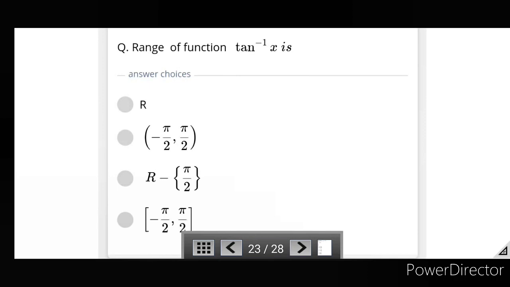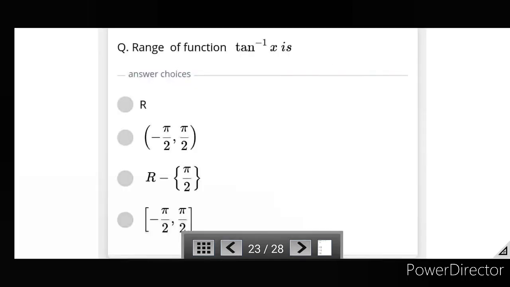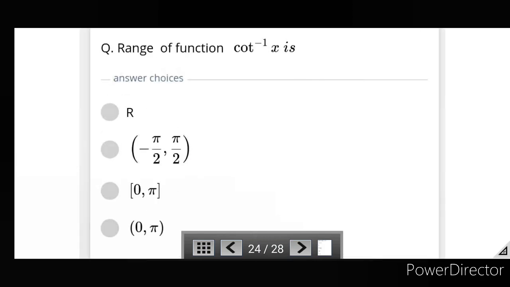Now range of the function tan inverse x is minus pi by 2 to pi by 2. That is, this option is right option. Next is range of cot inverse x, which is equal to 0 to pi.